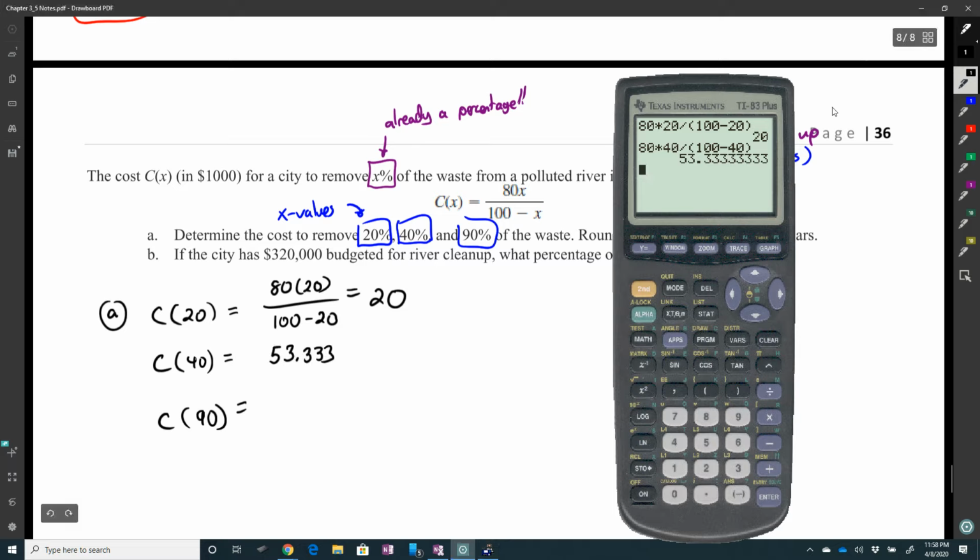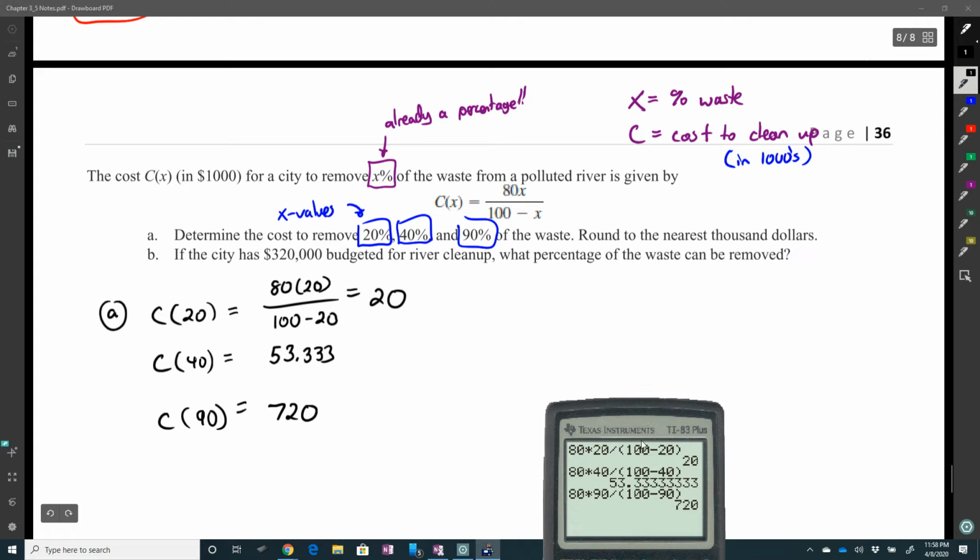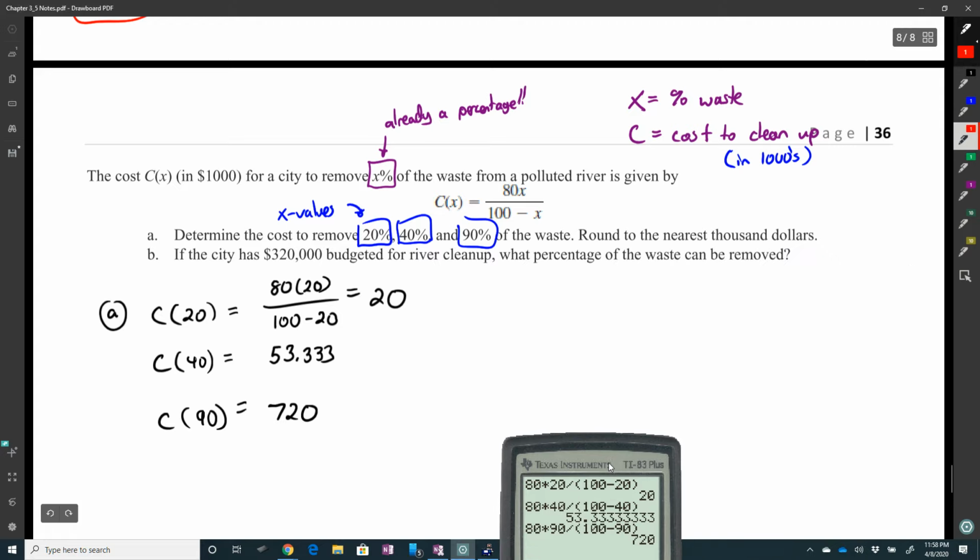And then if I plug it through the same thing and change the 40 to a 90, I get 720. Remember that this is in thousands.